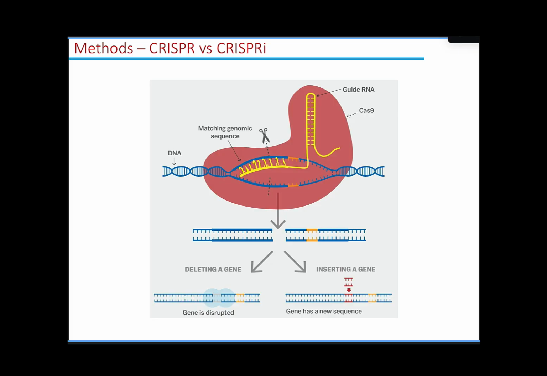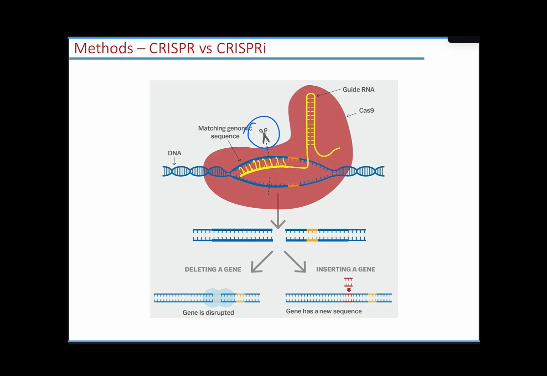Now, in classical CRISPR, as Jacob was in a way implying, Cas9 will go ahead and cut the DNA. Right? So that's what those scissors are there to imply. That Cas9 is a nuclease. It can cut DNA molecules, both strands, right?